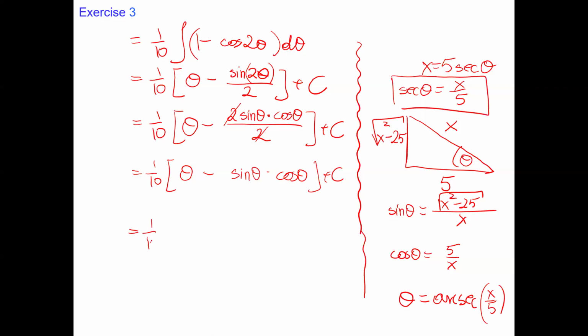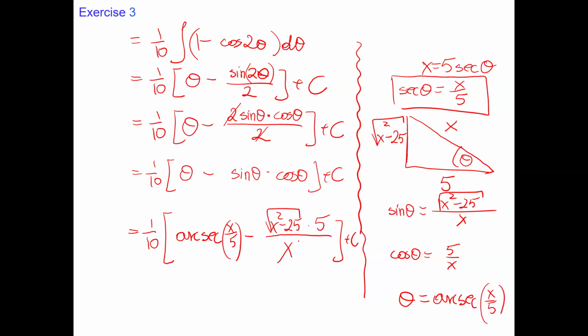Let's write down the final answer. Theta is arc secant of x over 5, because that was the substitution. Sine is the square root of x squared minus 25 over x, and cosine is 5 over x. Let's put x squared, and 5 we're supposed to put in front. That's the final answer.